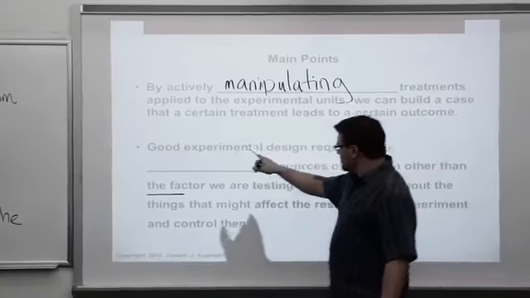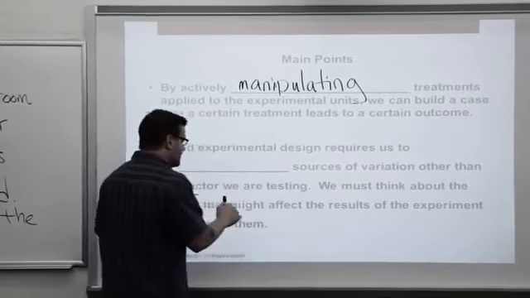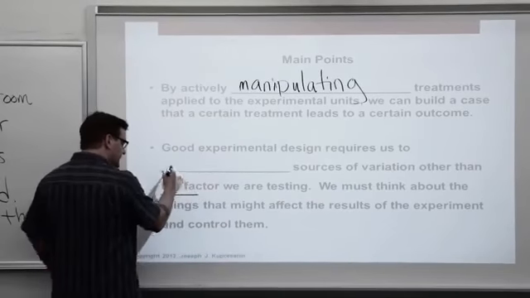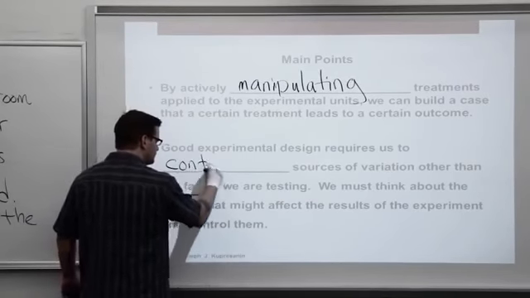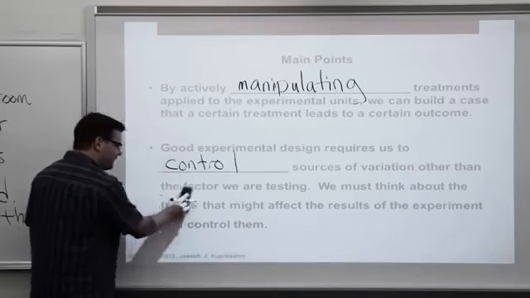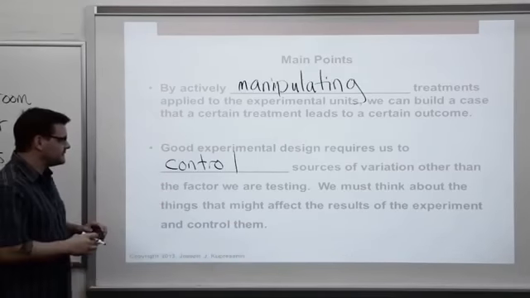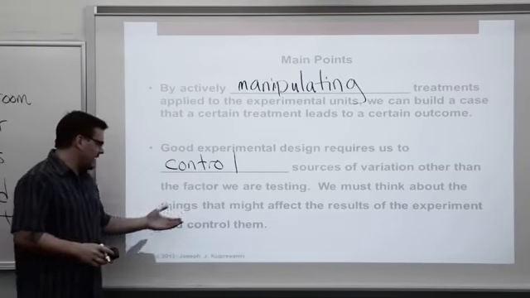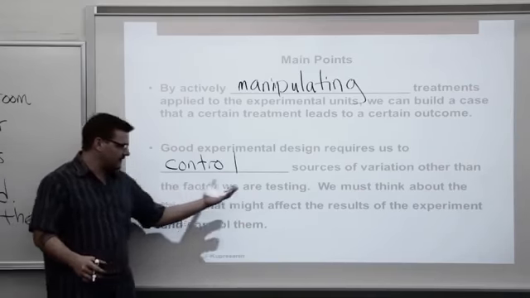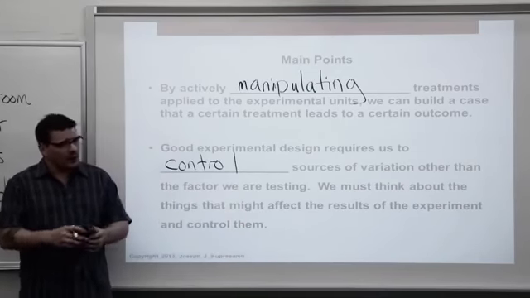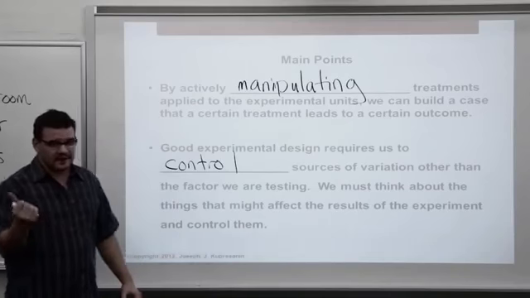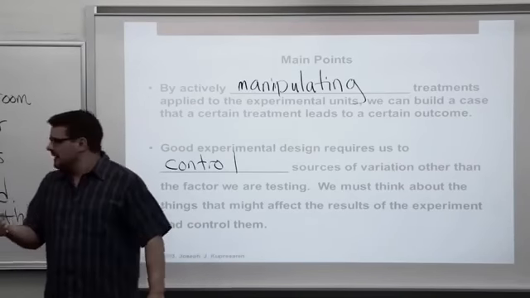Good experimental design requires us to control sources of variation other than the factor that we're actually testing. What you have to think about is all the things that might affect the results of your experiment. What might affect pass rates in a developmental math class?